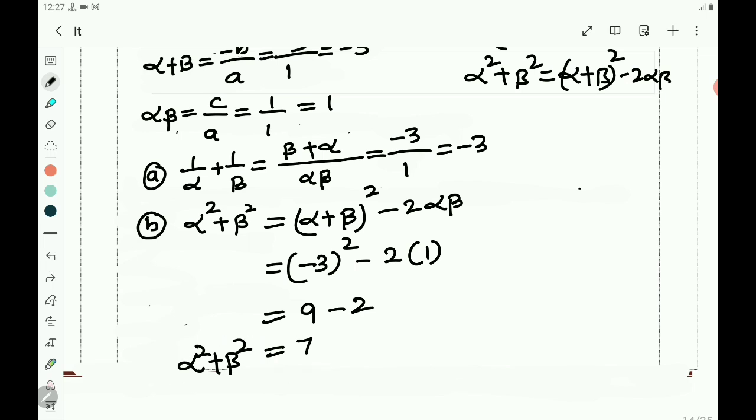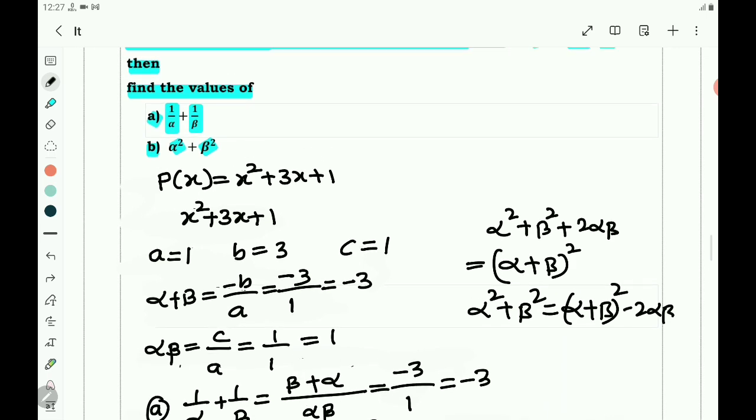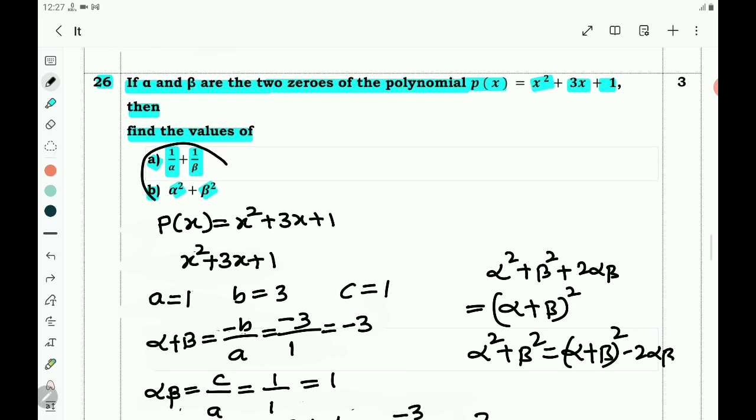So you got that alpha square plus beta square is equals to 7. Here the quadratic polynomial is given and we have to find 1 by alpha plus 1 by beta. After taking the LCM, you will get this expression in the form alpha plus beta by alpha beta. Then directly you can substitute the values of alpha plus beta and alpha beta.